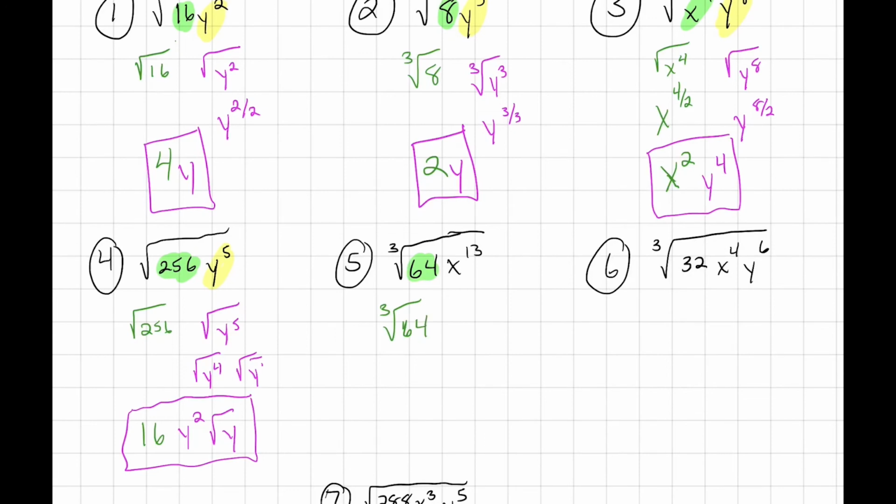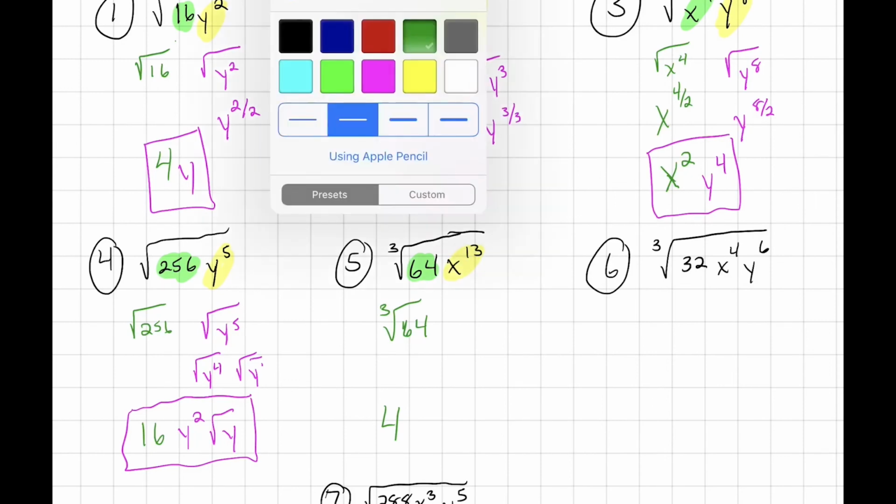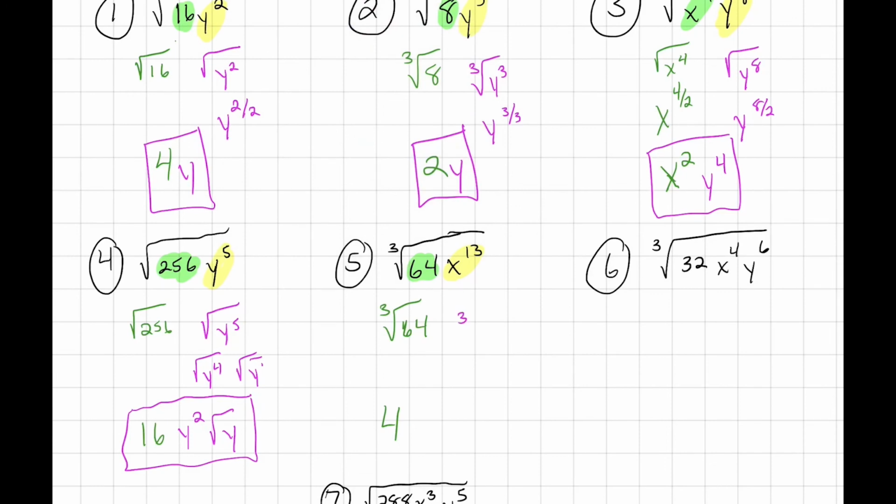Now, luckily for us, the cubed root of 64 does work out to be 4. And so now what that leaves us with is we got to deal with the cubed root of x to the 13th power.